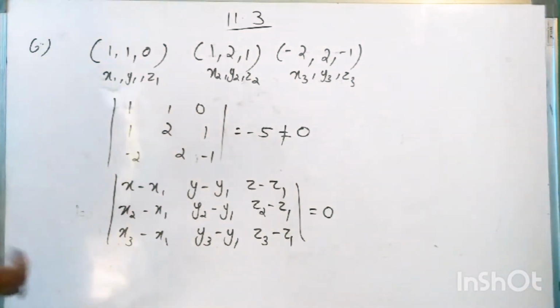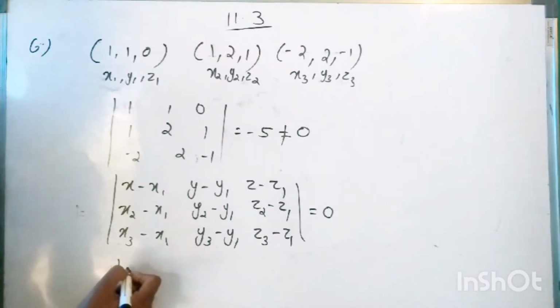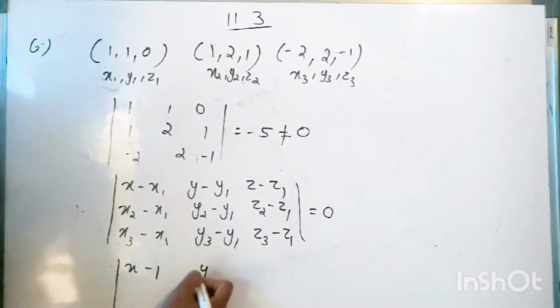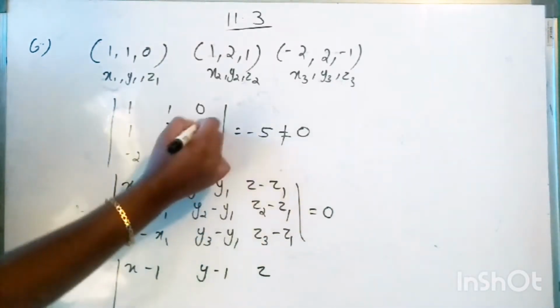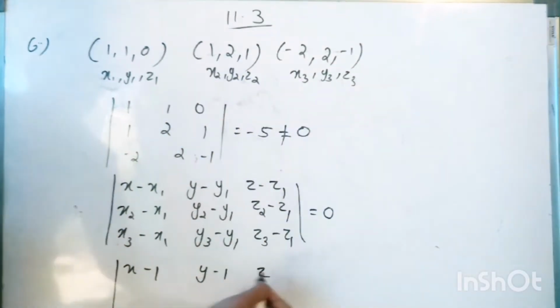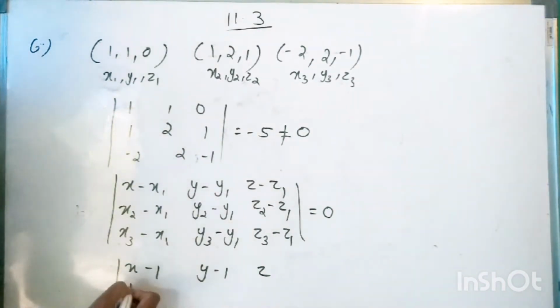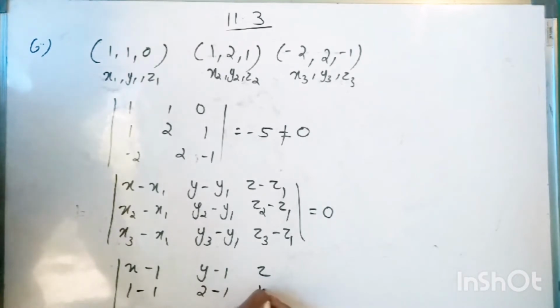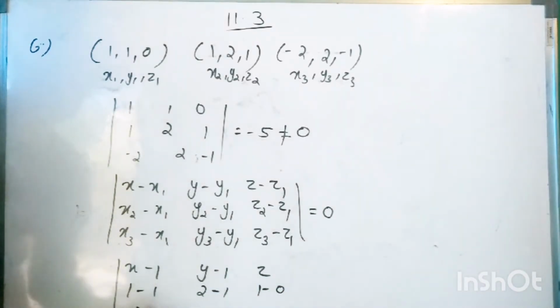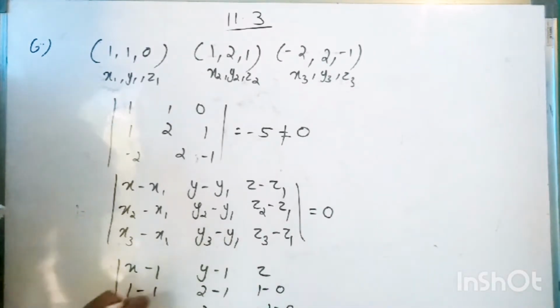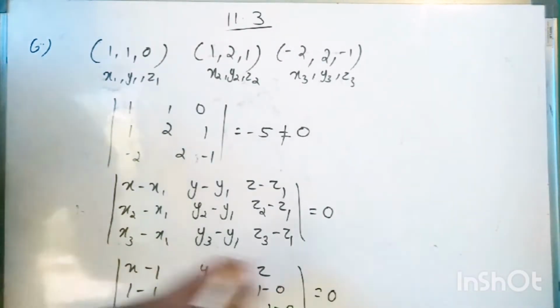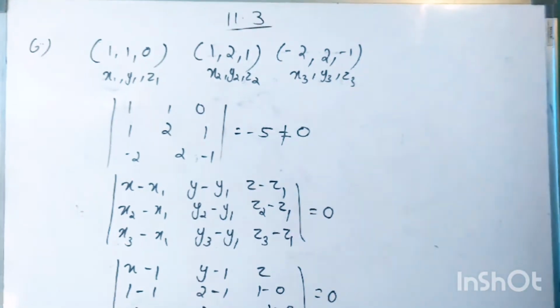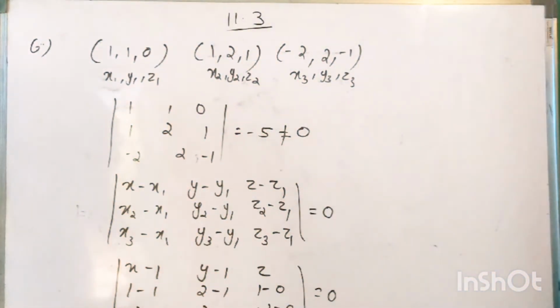Now just substitute the values: (x - 1, y - 1, z), since z1 is 0, z is enough. The next row is (1 - 1, 2 - 1, 1 - 0), then (-2 - 1, 2 - 1, -1 - 0), equal to 0. Okay, now take the determinant.